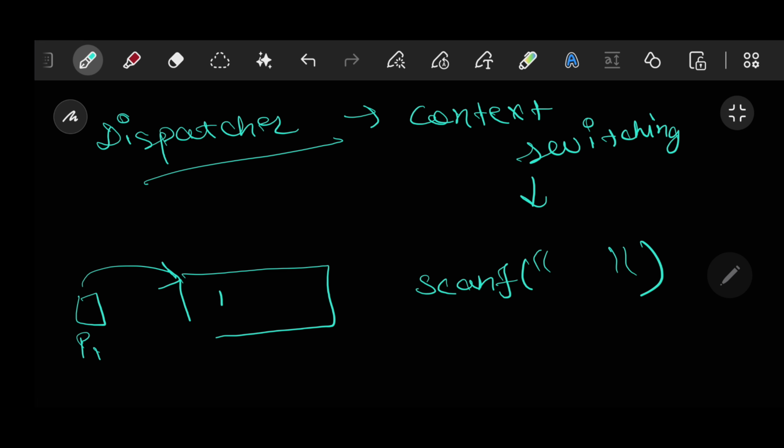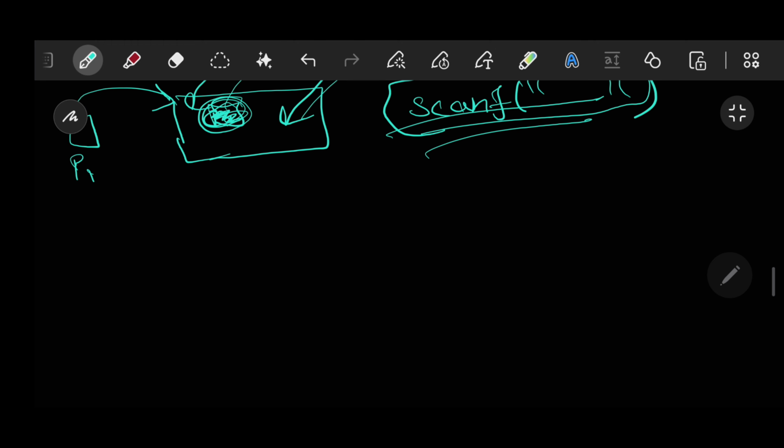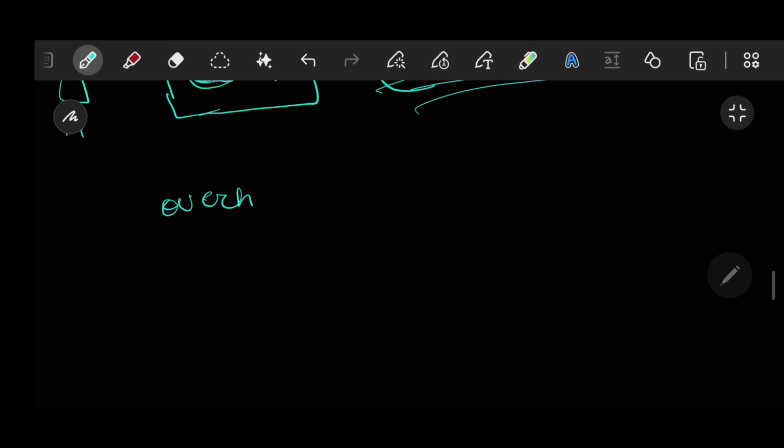We cannot let the CPU sit idle, so we store the data of P1 till now and bring another process, P2, to run inside the CPU. When the input is entered, P2 goes back and P1 comes back with its previous knowledge. This is known as context switching. And context switching is a massive overhead for the system. Overhead means wasted time where no actual process execution happens.